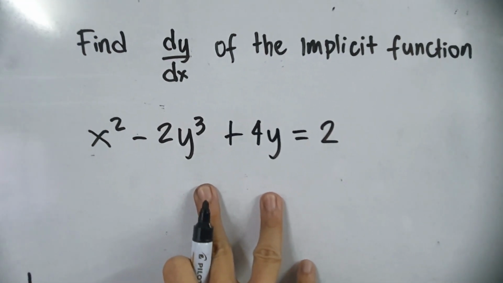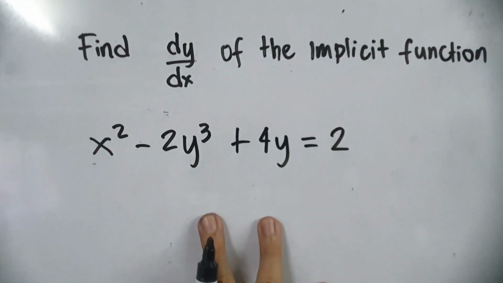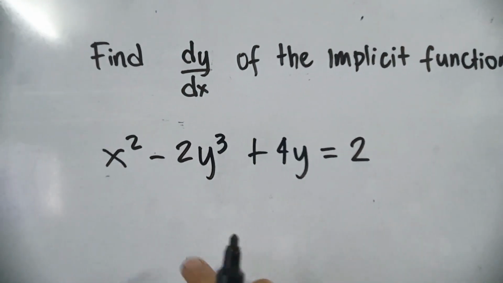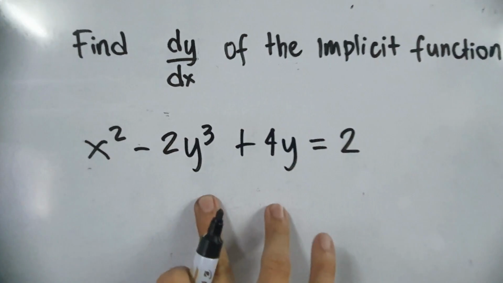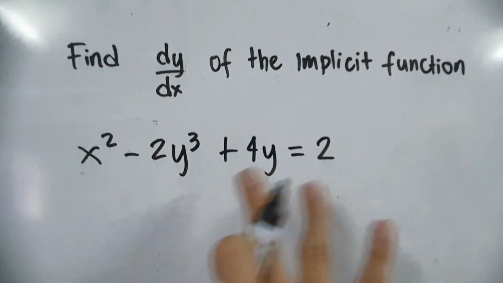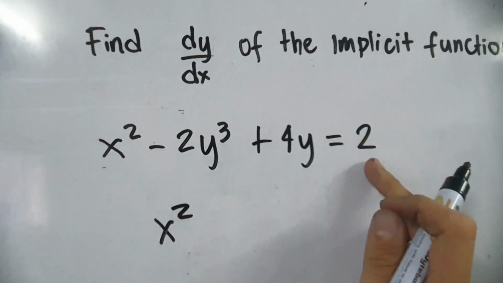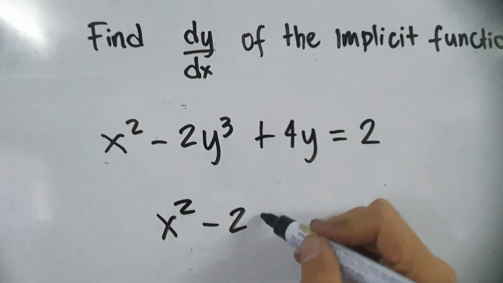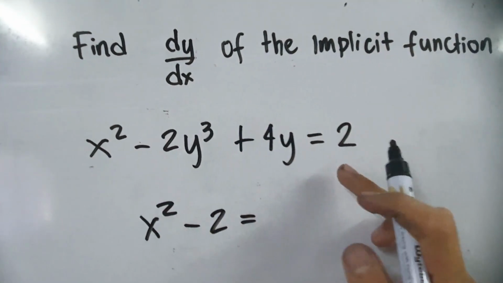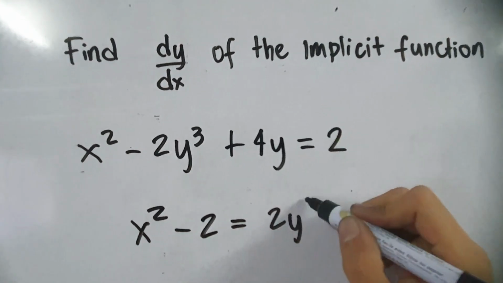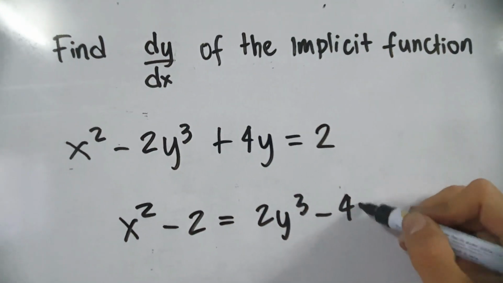We cannot easily find the value of y. If we try to isolate y on this side of the equation, or transpose this to the other side, I could have x squared minus 2 equals 2y cubed minus 4y.